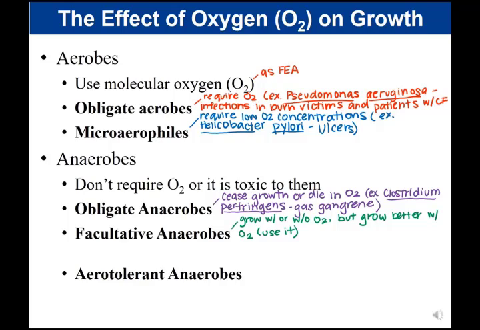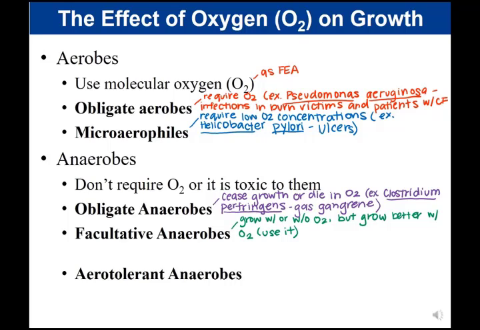So notice that using aerobic respiration gives you a much higher ATP yield than fermentation does. And so if the organism is a facultative anaerobe, they can grow with or without, but if given the choice, they're going to grow with O2 and use O2 because for them, using oxygen gives them the highest ATP yield. And so an example of this that you've seen would be when we did our standard plate count.